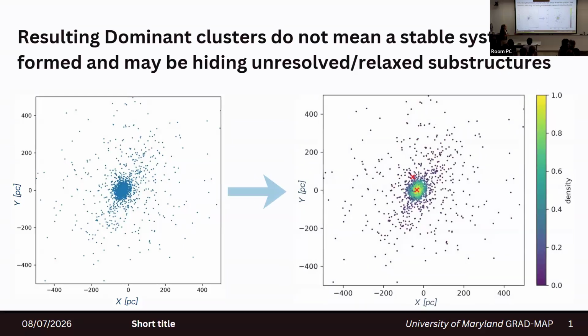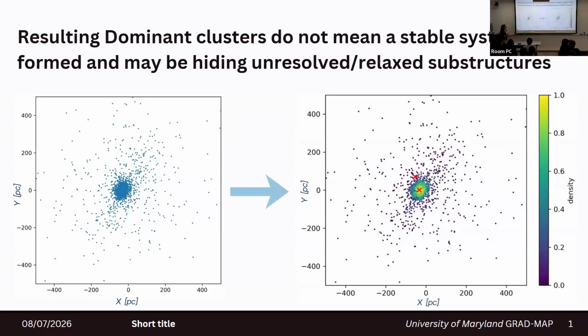the cluster. So when we plot a smooth density distribution over this projection and mark the relative maximums of density, we can see obviously there is a central cluster with a maximum density in the center, but we can also see that there are some hidden unresolved or unrelaxed substructures, where there are higher peaks of density outside that central cluster.